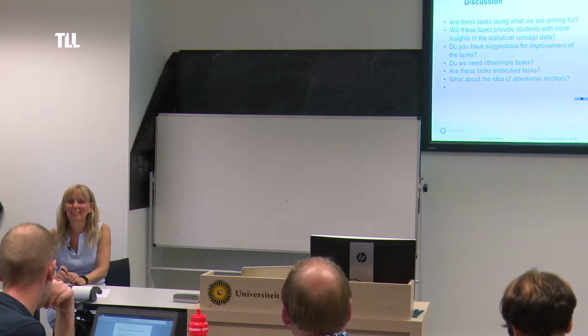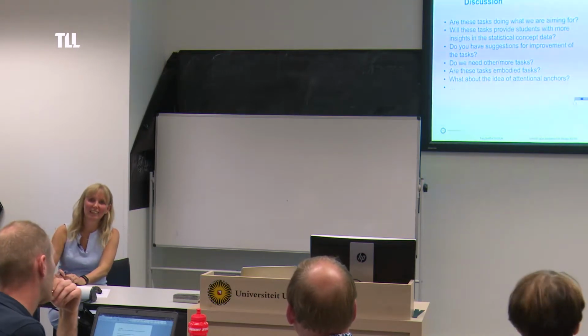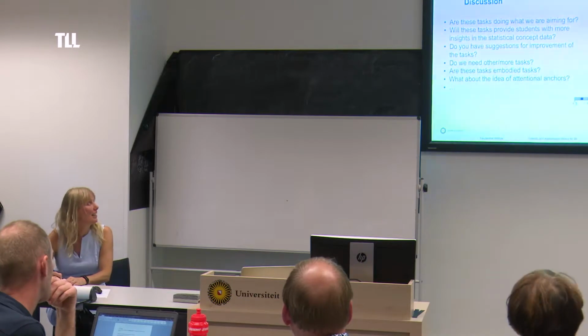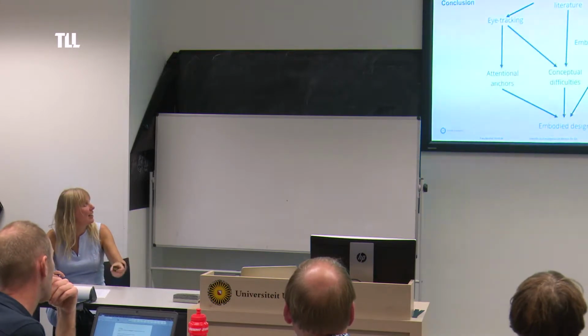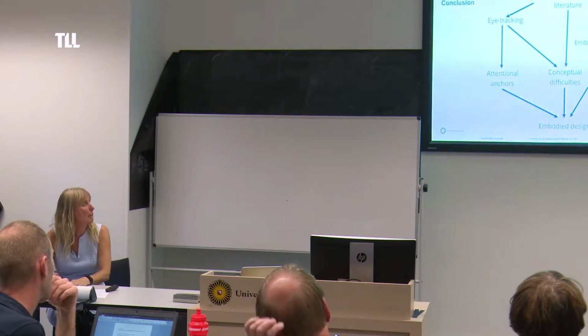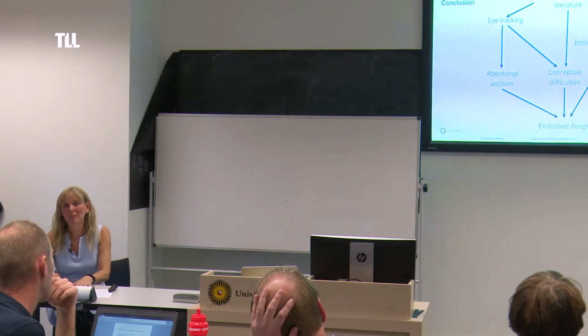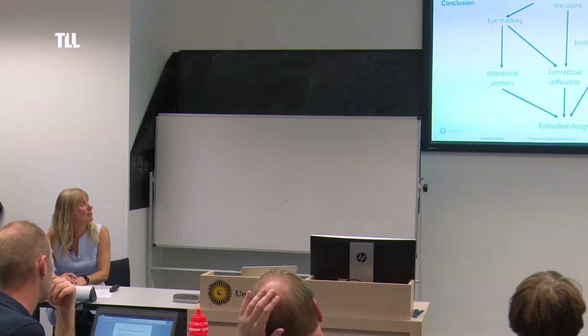I had another question about this network that you showed in the final slide. Yeah, this one. You had this very nice illustration of the conceptual difficulties that there are with histograms.